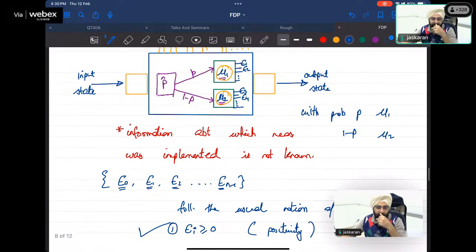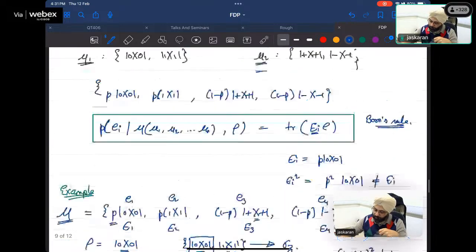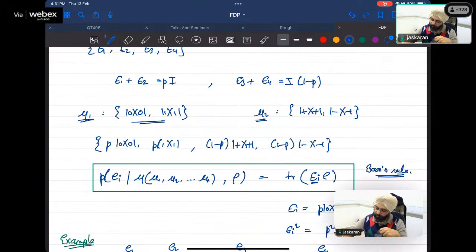They are the settings chosen for implementing the projective value measure. So in the bigger black box corresponding to POVMs, we are implementing many smaller projective value measures, and the settings corresponding to those projective value measures are mu1 and mu2. Here we can choose mu1 as this particular basis or setting, and mu2 as this particular setting. This is just an example that I am taking.